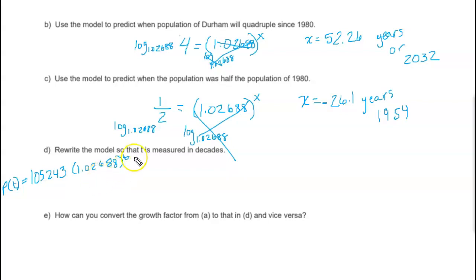But we want this t to be in decades. So if t was decades instead of years, in order for me to still use this same model, since this growth rate is in years, this would have to be 10t.